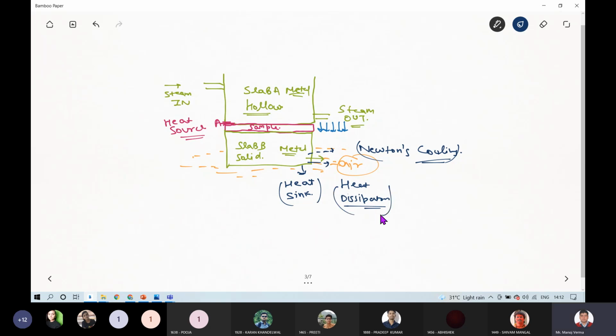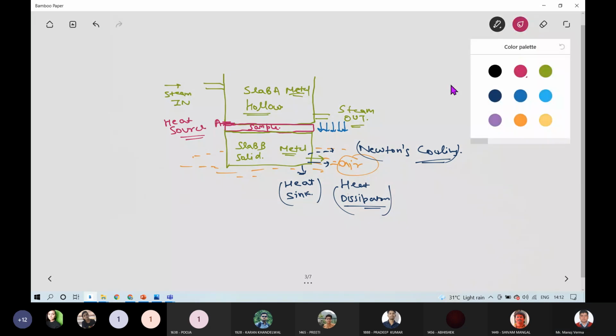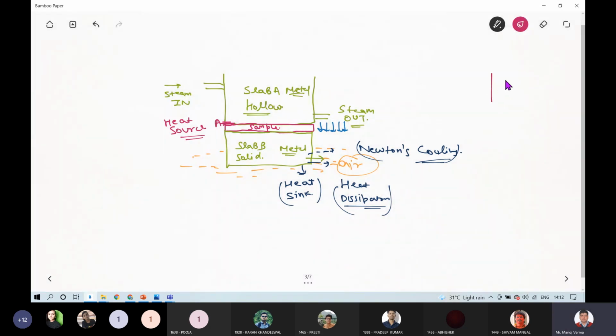So the overall thing is, you are providing heat to this sample by using slab A, and this heat travels through the sample.